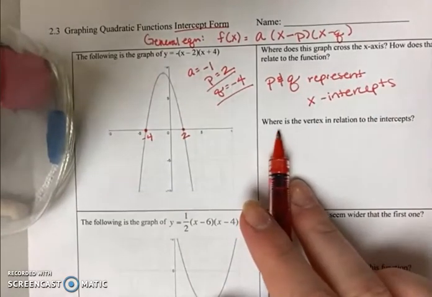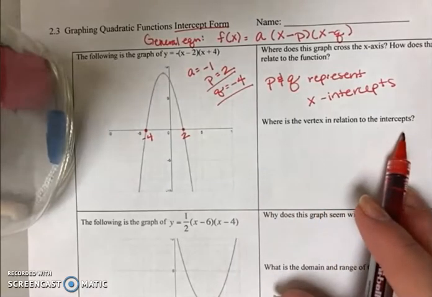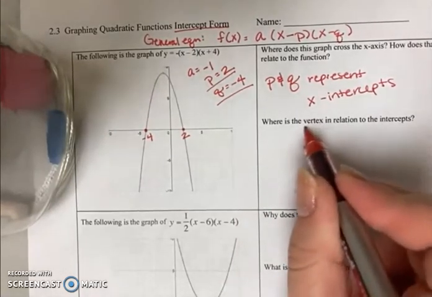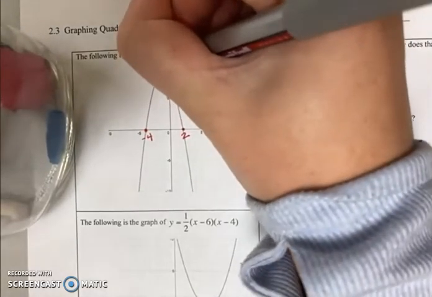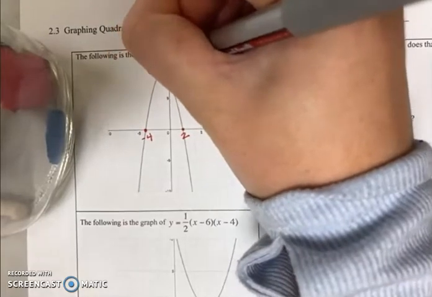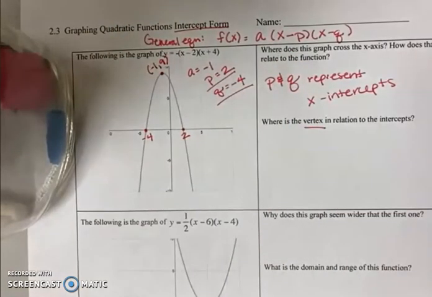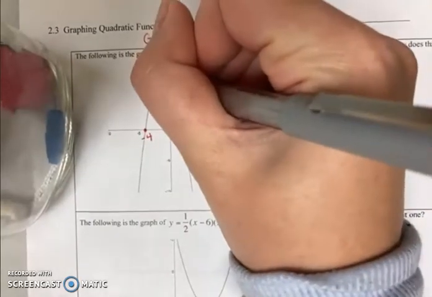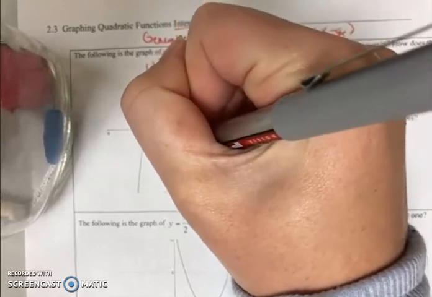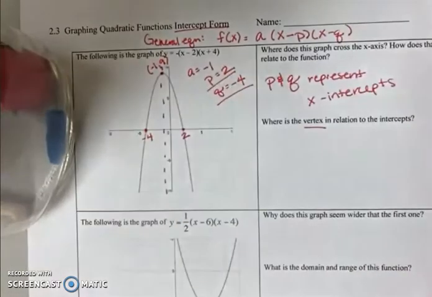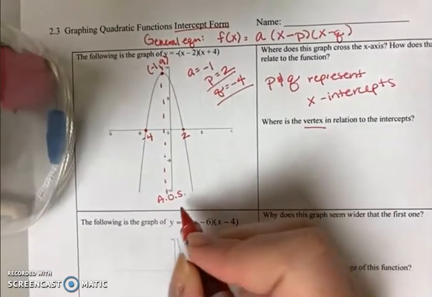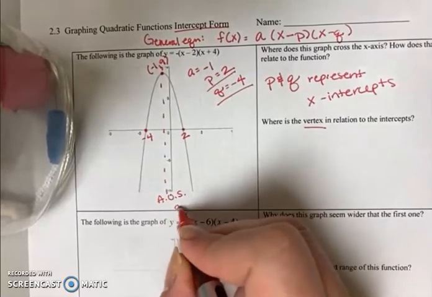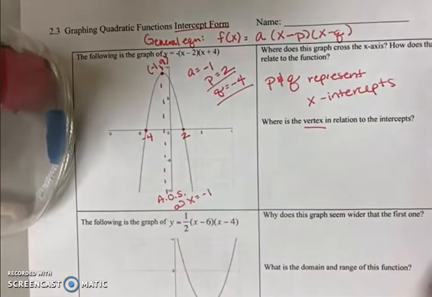Next, it says, where is the vertex in relation to the intercepts? So the vertex, remember, is the max or the min. I have a maximum at (-1, 9) for this specific graph. Remember, the axis of symmetry will always pass through the vertex. So the axis of symmetry here is located at x equals negative 1.